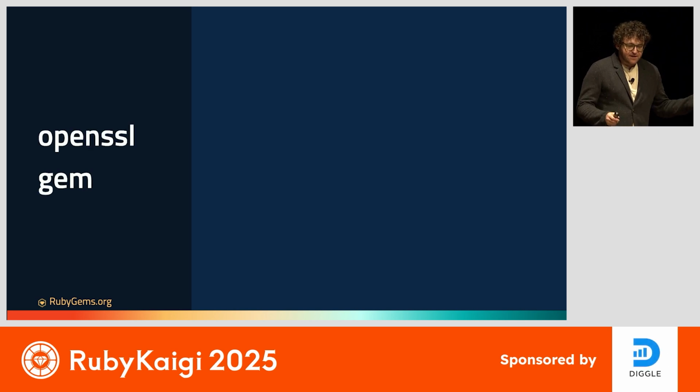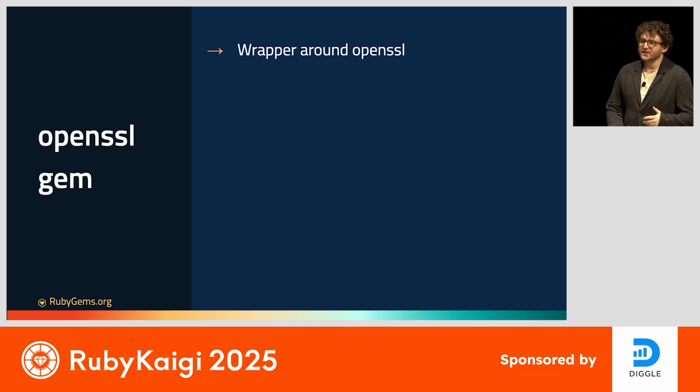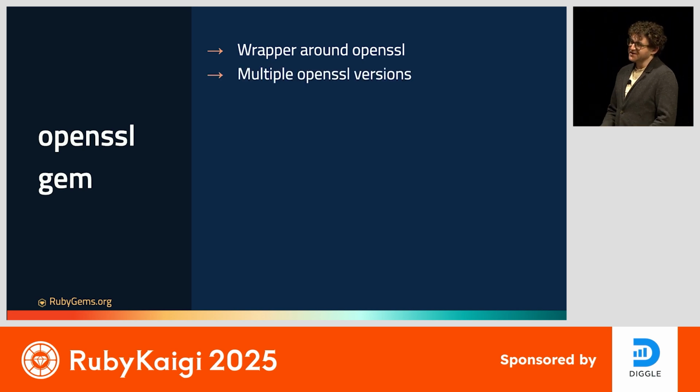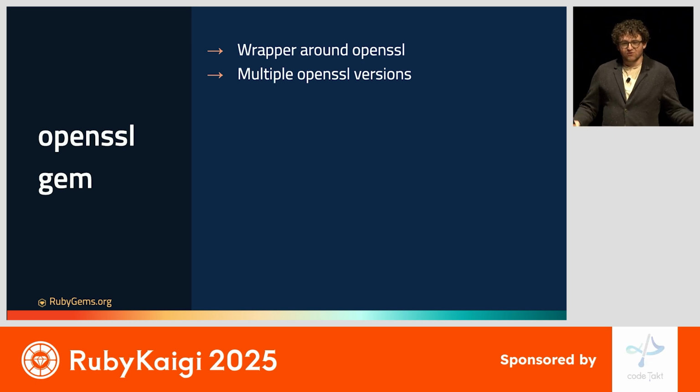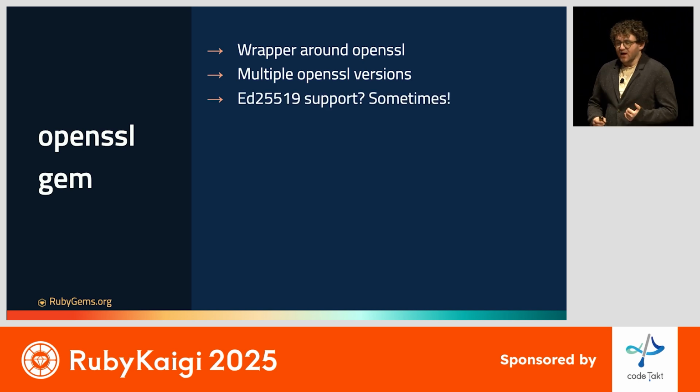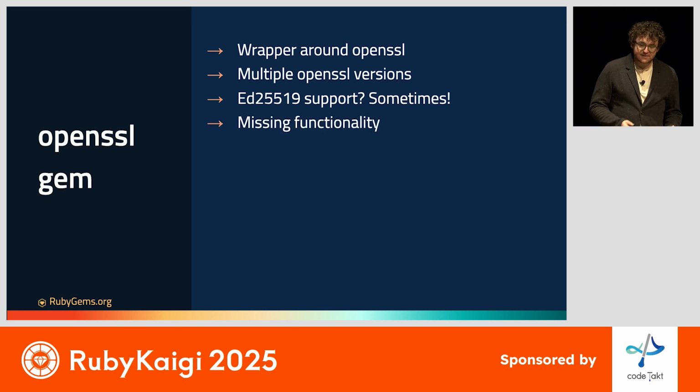So diving in, OpenSSL gem. It is a wrapper around OpenSSL. It supports a bunch of different OpenSSL versions. Up until last year, I think it supported all the way back to like OpenSSL 0.9 point something, which is ancient. On some of those supported OpenSSL versions, it didn't have support for ED25519, which I needed to be able to pass the sigstore conformance test suite.